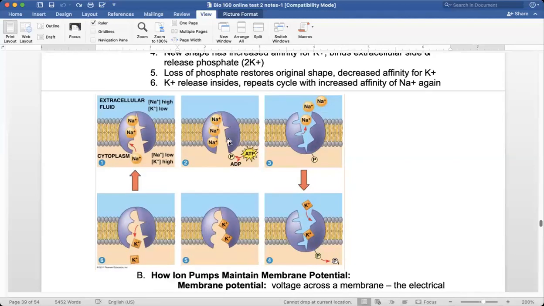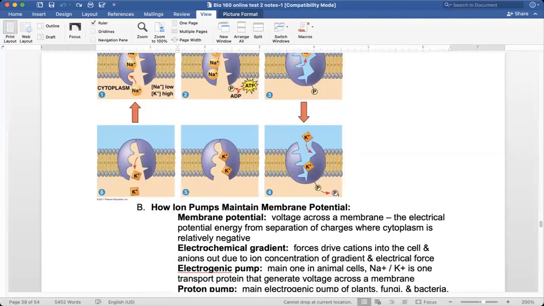So what that will do is cause this to change shape, and it's going to release the sodiums to the outside. Then what will happen is potassium will come in. When it releases that phosphate, it will change shape and move the potassium inside. So that actually is a significant amount of energy that your cells spend on a regular basis.